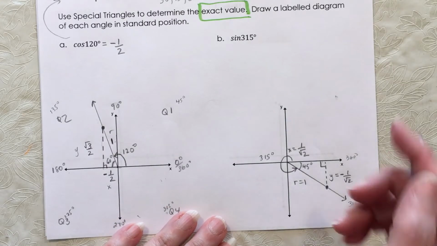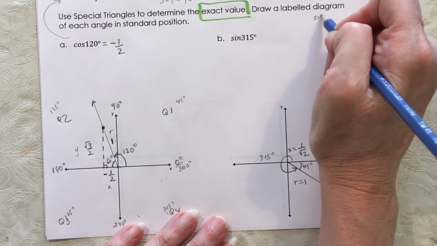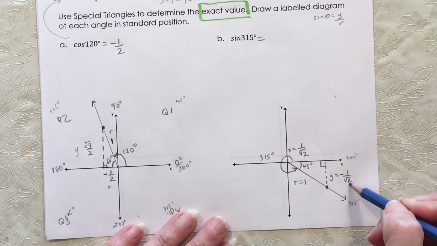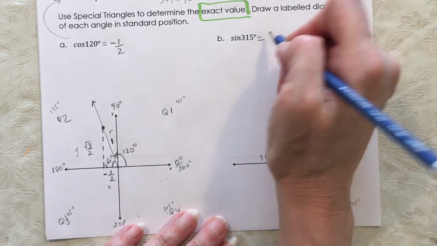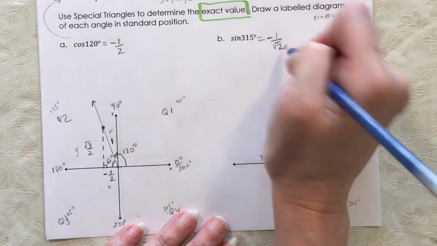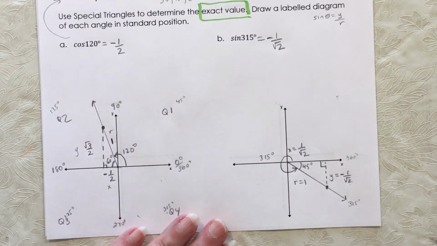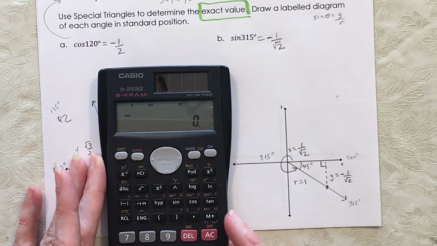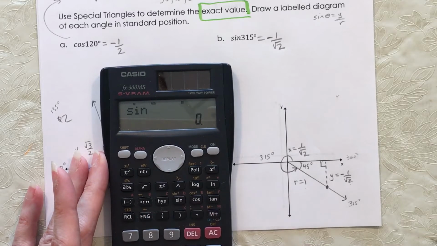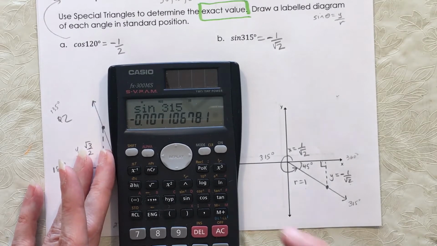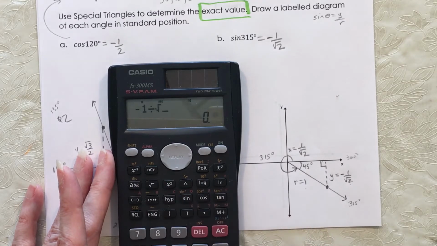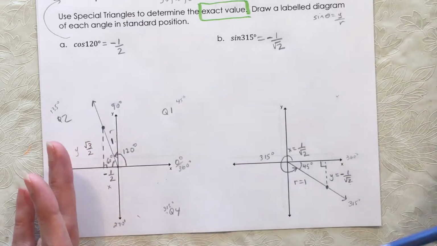And sine of an angle is the y value divided by the r value. So negative 1 over root 2 over 1 is just negative 1 over root 2. And again, if you want to check using your calculator, you can try sine of 315 and check that decimal, and then do negative 1 divided by the square root of 2, same decimal, so you know that you're right.